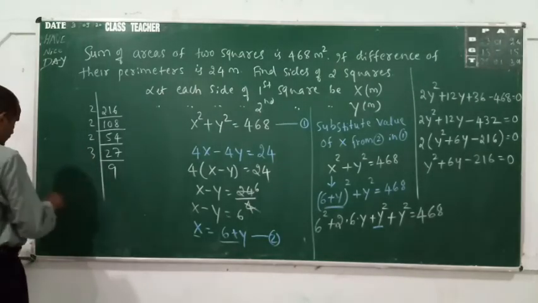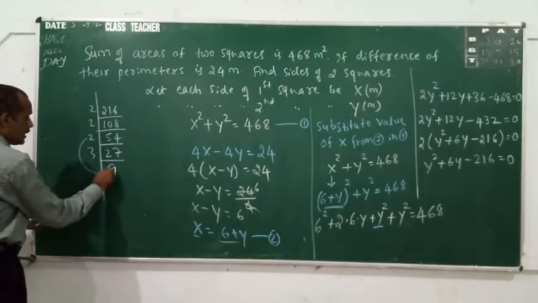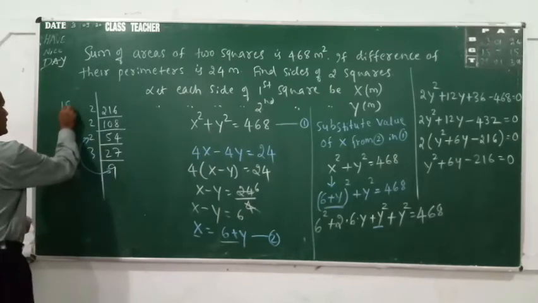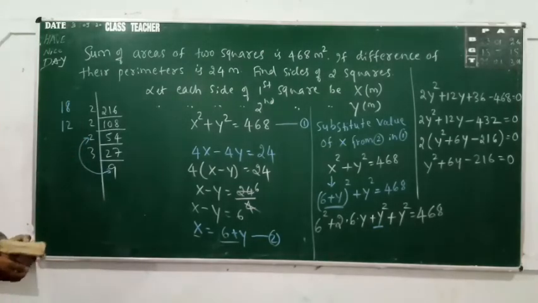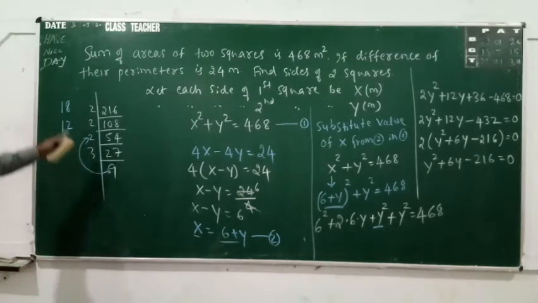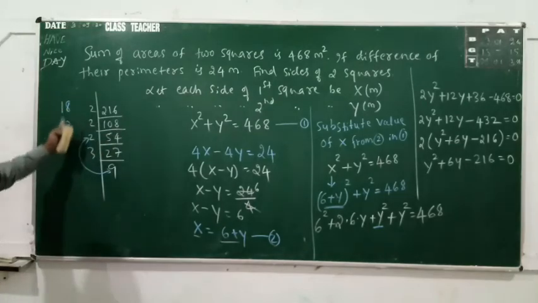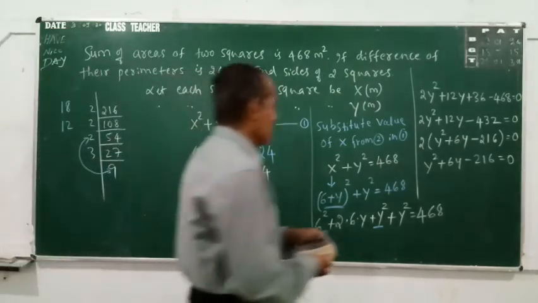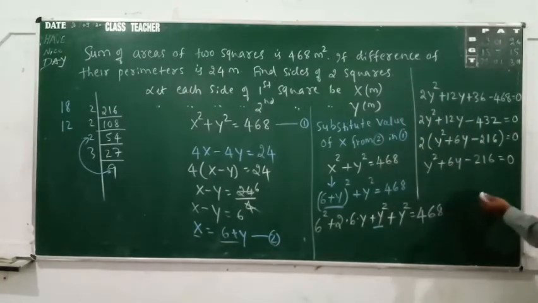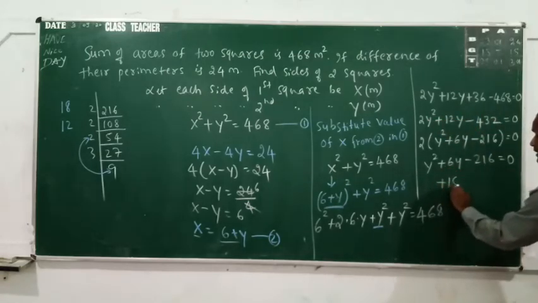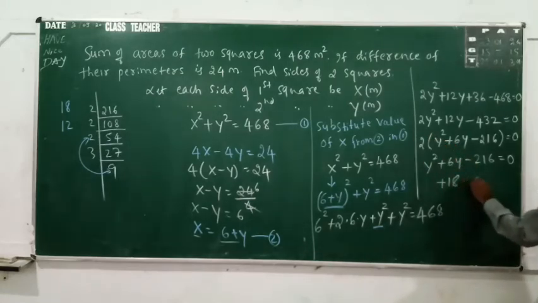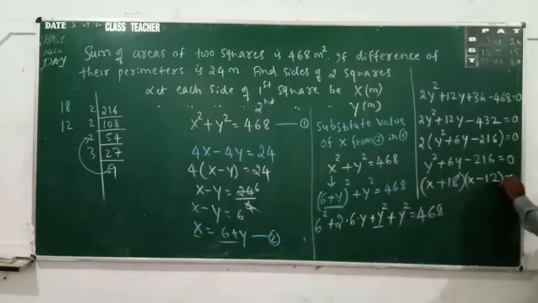Yes, we got it: 18 and 12 are the middle terms. If you subtract, you get 6. If you multiply, you get 216. I can write directly one plus and one minus. The last sign is negative, so one plus and one minus. The bigger number should get the plus sign. So it is plus 18 and minus 12, y here also, y here also is equal to 0.